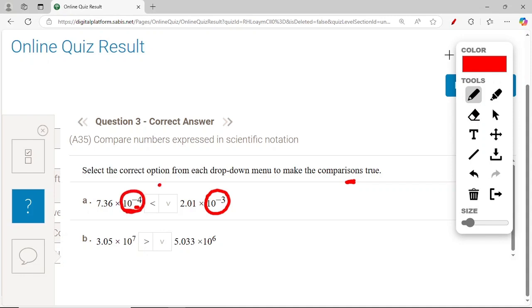So directly this number will be less than this number. Now the second one, we have 3.05 multiplied by 10 to the power of 7 and 5.033 multiplied by 10 to the power of 6. Of course, 10 to the power of 7 is bigger than 10 to the power of 6. So this number will be bigger than this number.